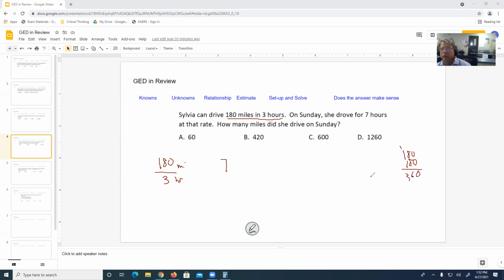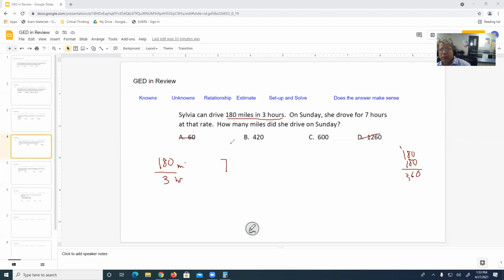That's going to be 360. So I know that in 6 hours she's going to do 360. So 7 hours is probably going to be a little bit more than 360. So it looks like right now I can kind of rule out D and A, and B and C are the only ones left. So just by using a little bit of thinking.